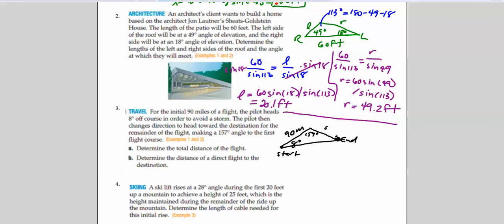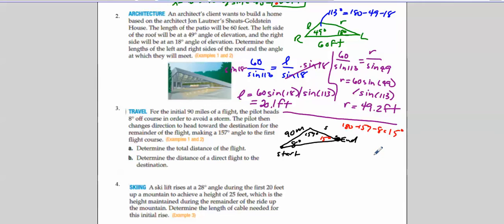So in order to do that, I'm going to subtract from 180 to find my missing angle in here. So my missing angle is 180 minus 157 and minus 8. And I think we get 15 degrees. Let's double check. Yeah, 15 degrees. So this is 15 degrees right here.